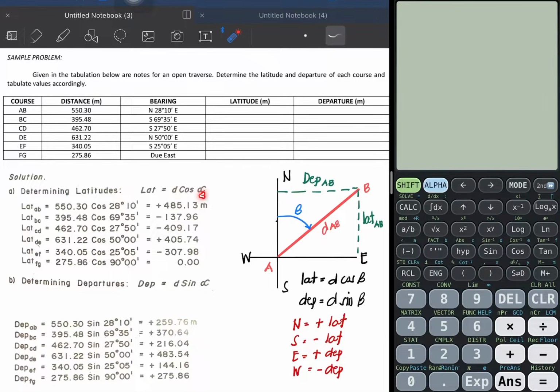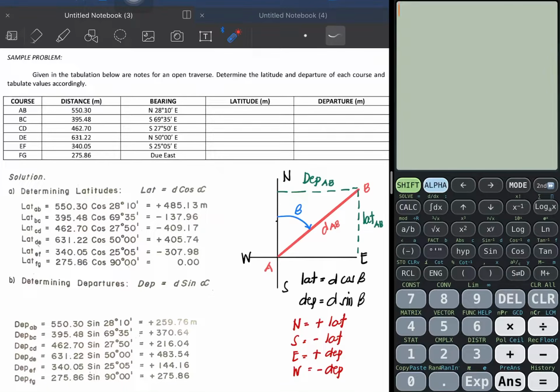So you have 550.30 times cosine of 28 degrees 10 minutes, which is 485.13. The answer is positive, since the bearing is north.